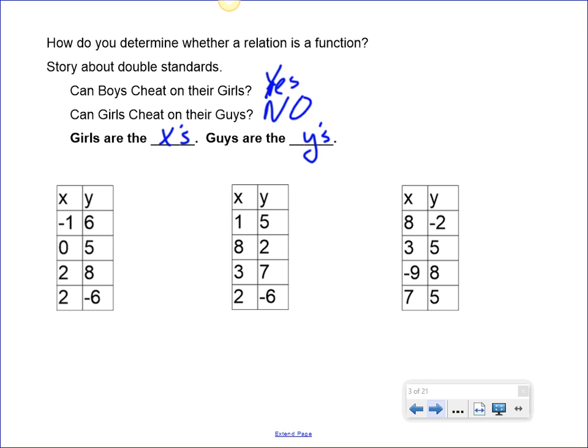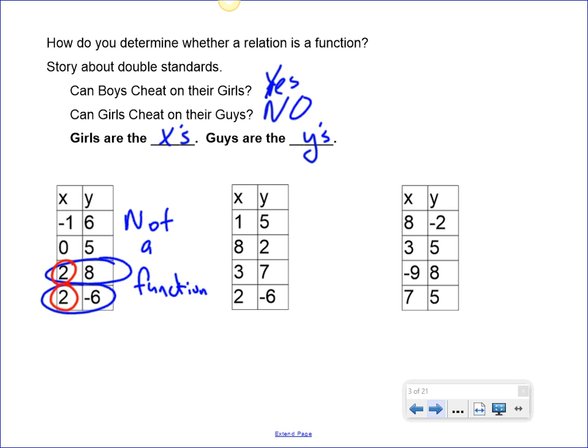So hopefully we can see down here, this girl, this 2, is cheating. She is with an 8 and with a -6. This, my friends, is not a function. That girl is cheating. No good.